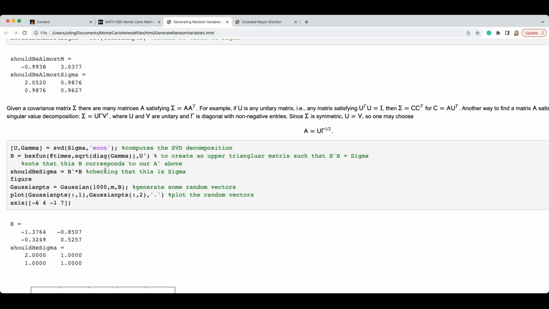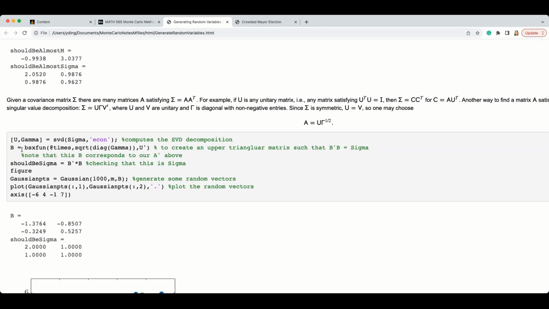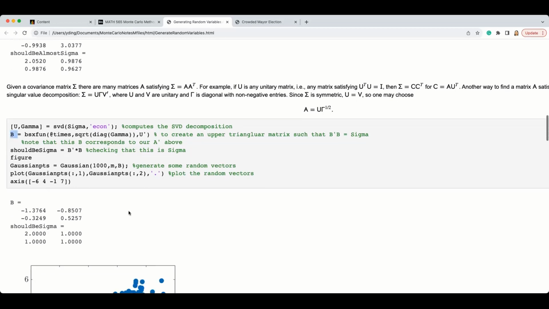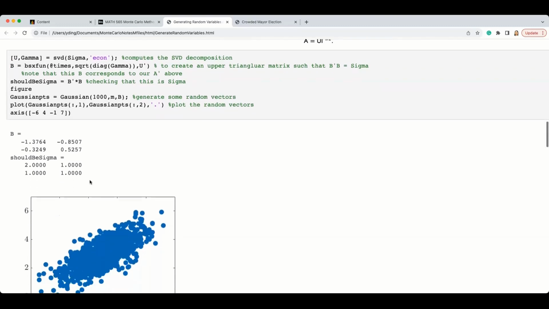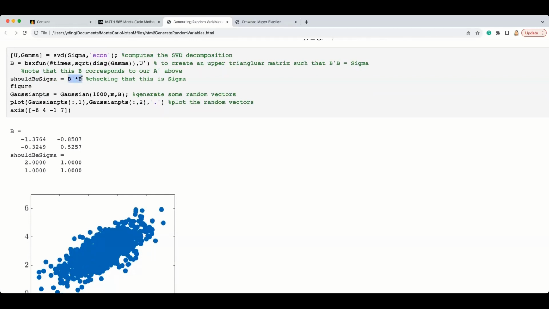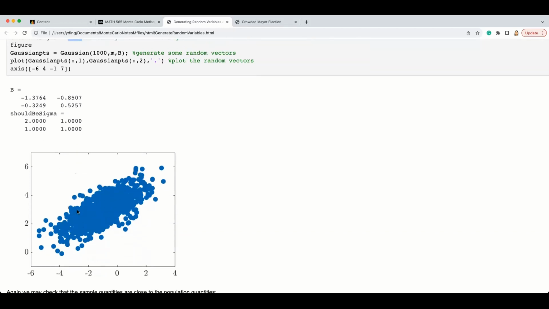Okay. And then we have this case. Here what we try to do is get a different A, and see what happened for this one. So this time A is a little bit different. But we're trying to check if A transpose times A is exactly the same as the covariance matrix. Yes. And then we try to generate these points.